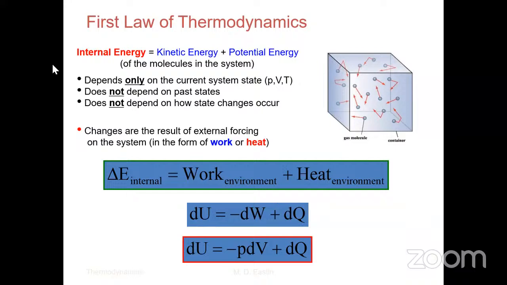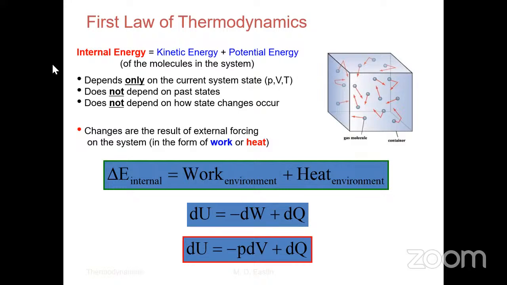When work is done on the environment by the system, you have a minus sign. But when the environment does work on the system, that is when you have positive work. So dU is minus dW plus dQ.